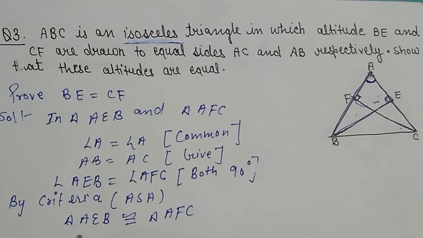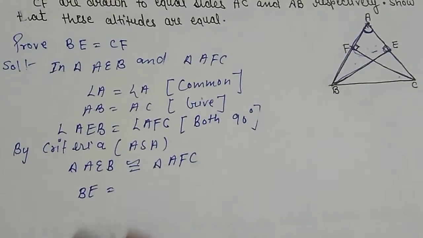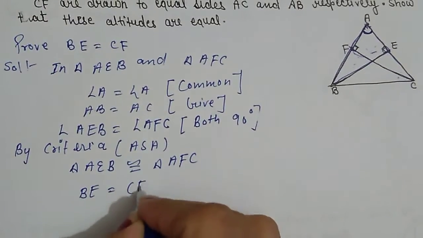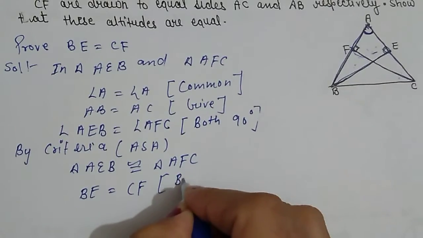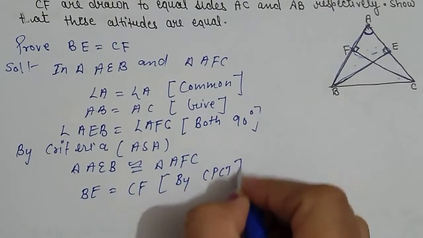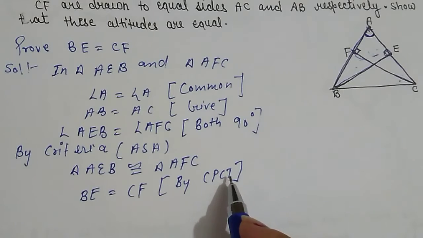It means you can write BE is equal to CF by CPCT, corresponding parts of congruent triangles.